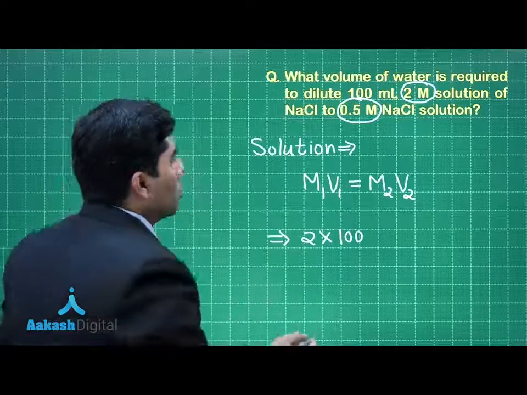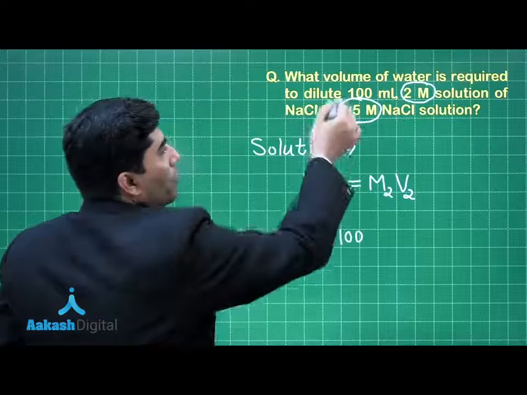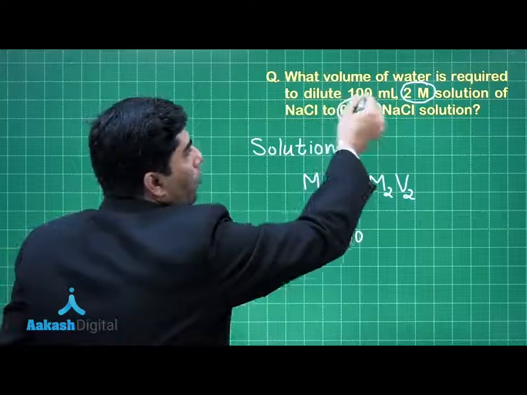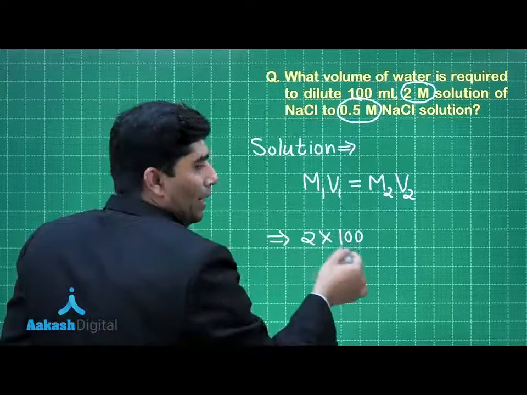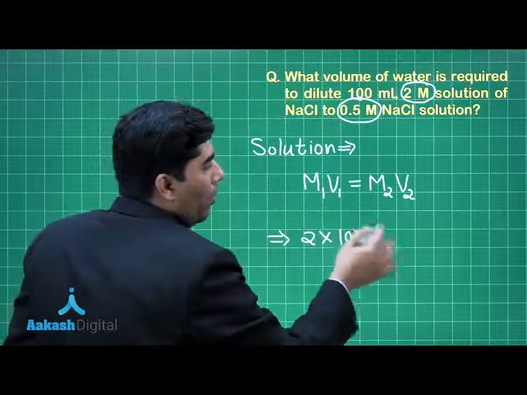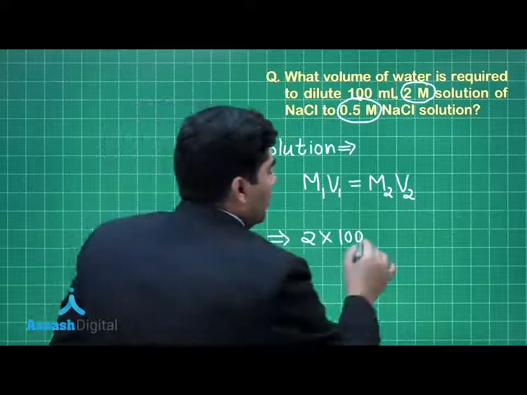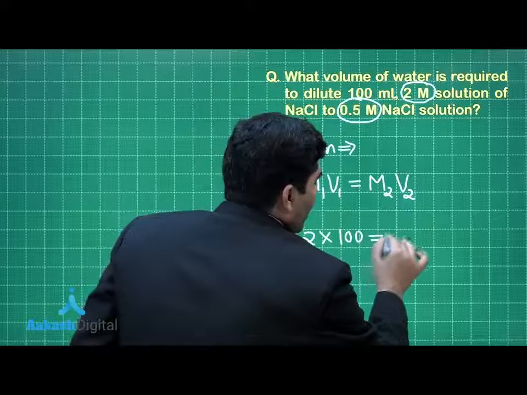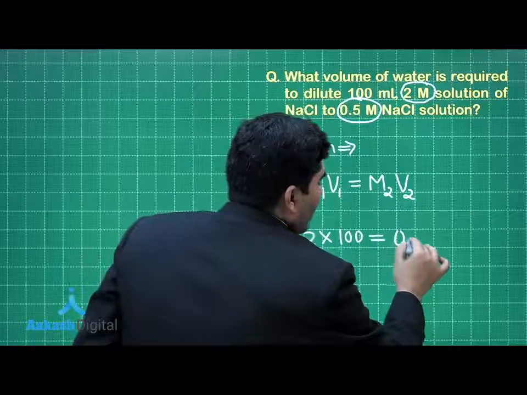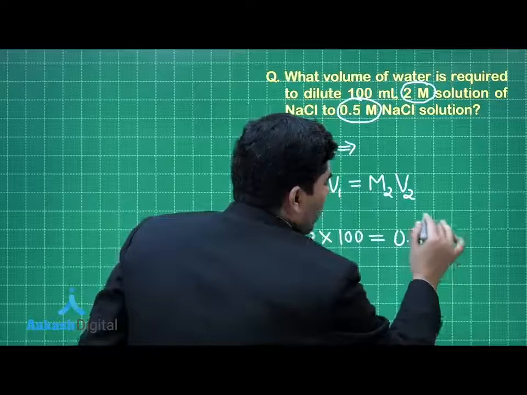So, I am putting the value of the volume in milliliters, and I will get the value of V2 in milliliters, and that is equal to 0.5.